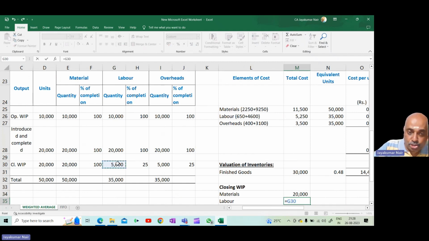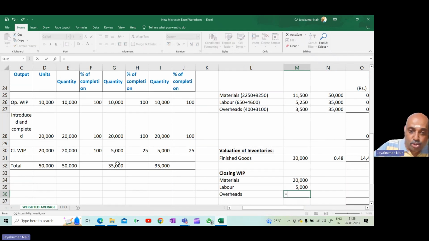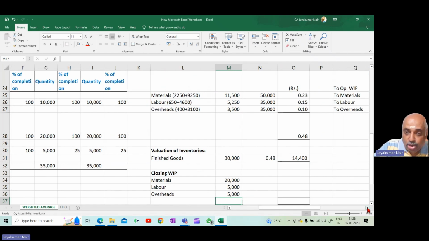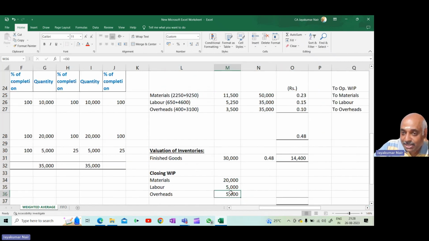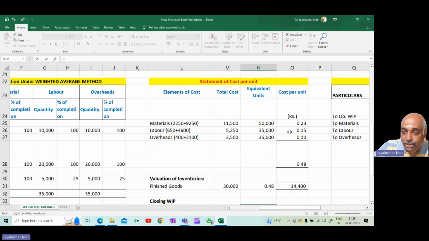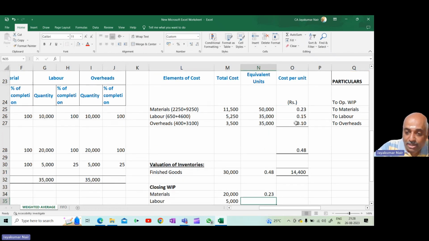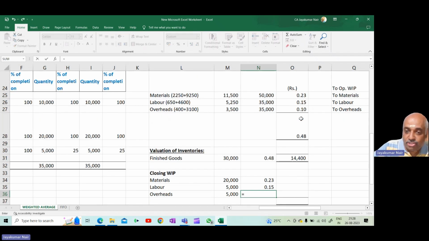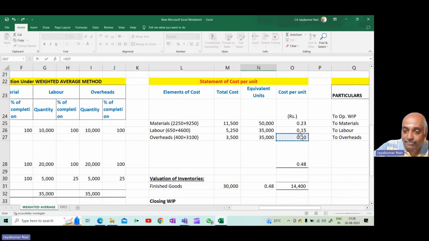Labor equivalent production is 5,000. And overheads equivalent production is 5,000. So now, because it's not 20, 20, 20, you can't take the total, you have to calculate separately. So 20,000, what is material per unit is 0.23, labor 0.15, and overheads, it is 0.1.